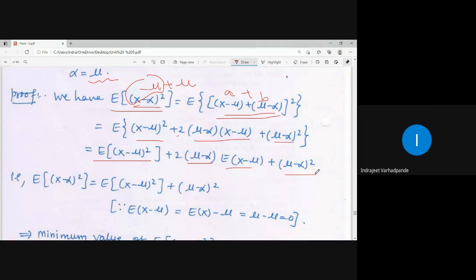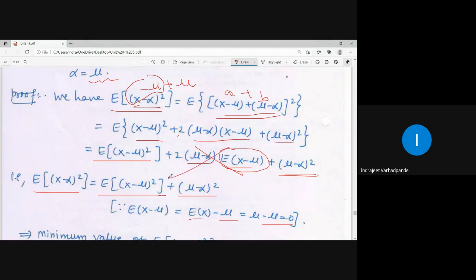Expectation of a constant is the constant itself, so its answer will only be mu minus alpha whole square. That is, expectation of x minus alpha whole square: we are left with expectation of x minus mu whole square plus mu minus alpha whole square, because expectation of x minus mu is expectation of x minus mu, meaning mu minus mu is equal to 0.